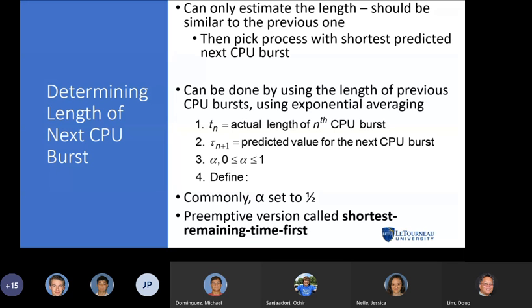And so the shortest job first scheduling algorithm particularly relies on an algorithm to predict the amount of CPU bursts that you will have before having an I/O operation.